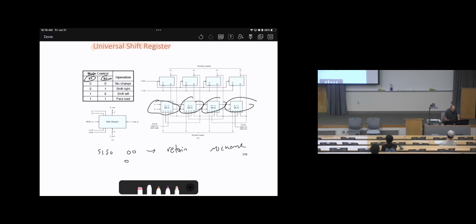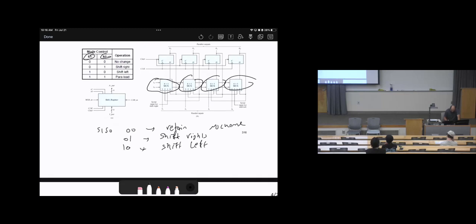When 0, 1, shift right. The 1 is located at the right, therefore shift right. 1, 0: the 1 is located at the left, therefore shift left. So that's how we figure it out. Then 1, 1: parallel register, which means outputs equal inputs.